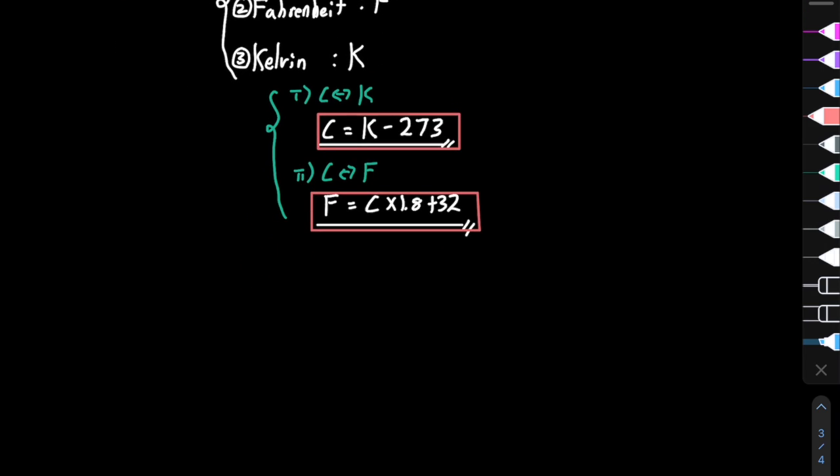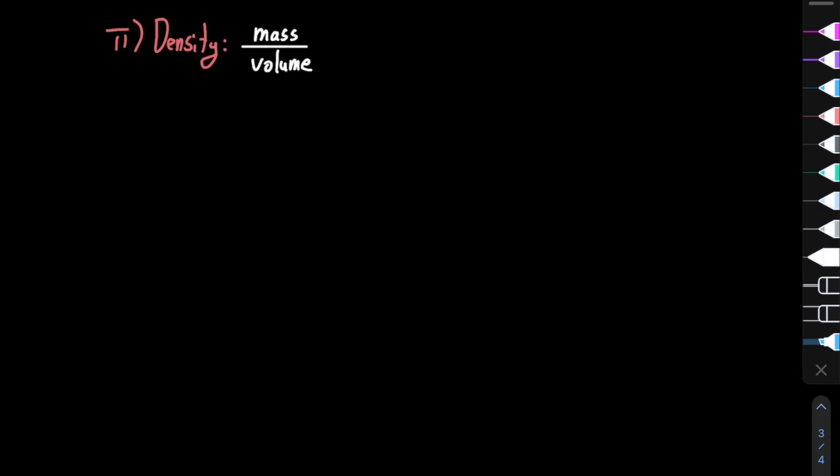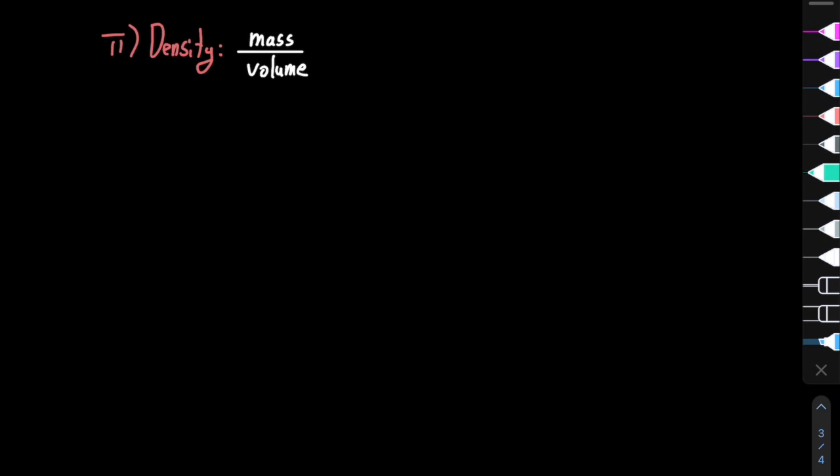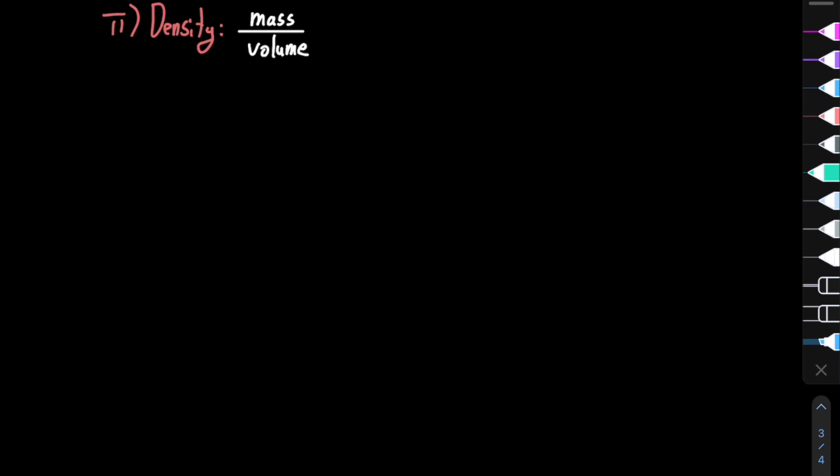Now, the second topic regarding density. And some of you might have heard density, some of you might have not, but density, to tell you the conclusion up front, is mass over volume. And it's slightly confusing because mass and volume seem like two very similar things, but they're actually slightly different.